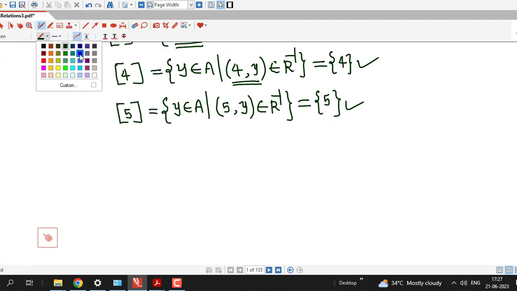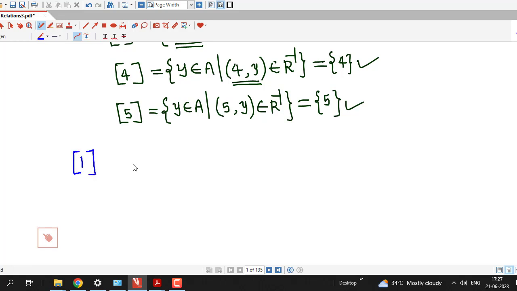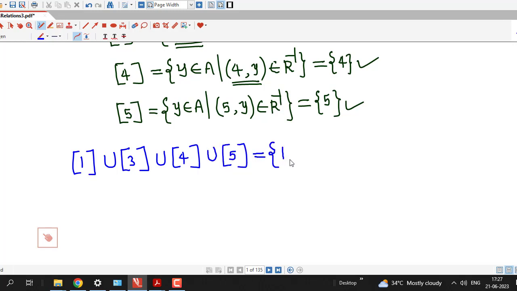So now here we can write that this union of all these equivalence classes, class of 1, class of 3, equivalence class generated by 4, equivalence class generated by 5. If we take the union of all these sets, we will obtain given set A, and all these sets are mutually disjoint.